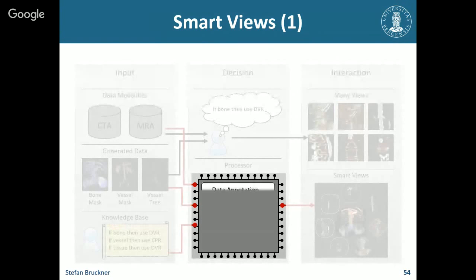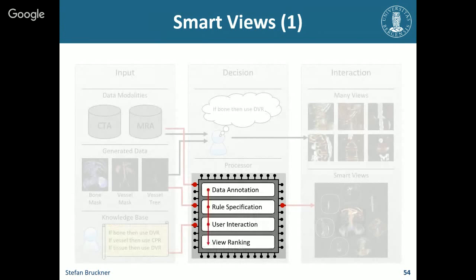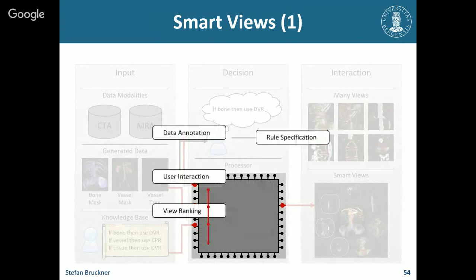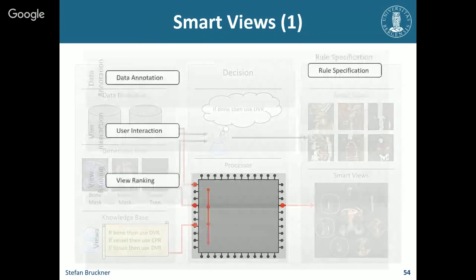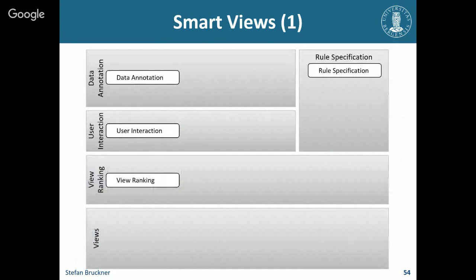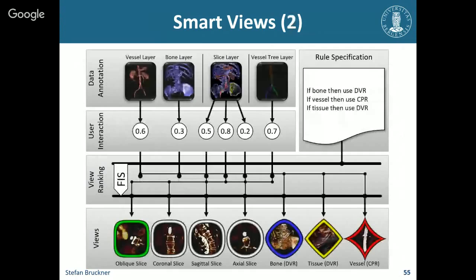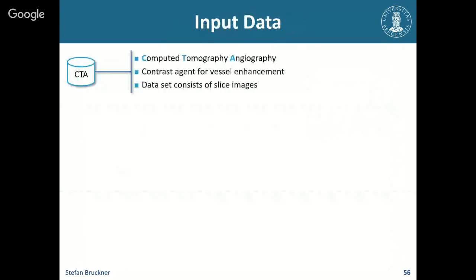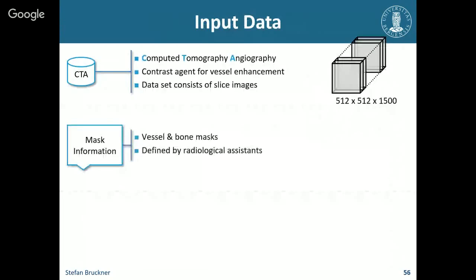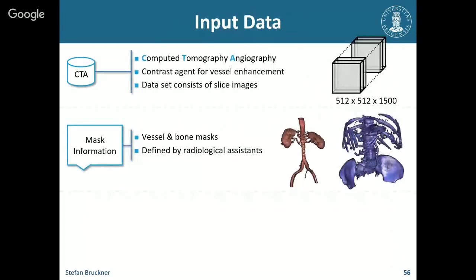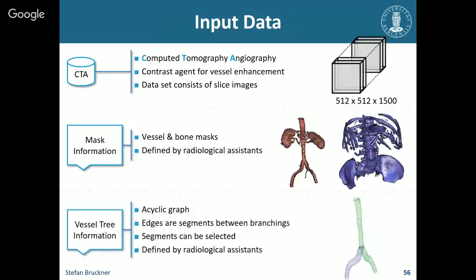Now, the question is, how can this work? I'll quickly go through one option of how to do this. Essentially, our input data, as I already mentioned, contains information about different types of tissues and about the vessel tree itself.